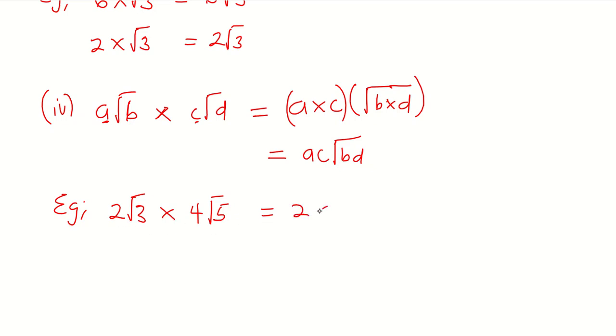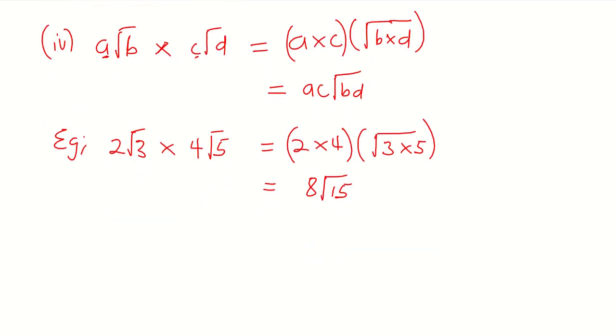So we have 2 times 4 in one bracket. Now we come to multiply the square root part, that is square root of 3 times 5, and at the end 2 times 4 gives us 8, and bring our square root, and 3 times 5 gives us 15.